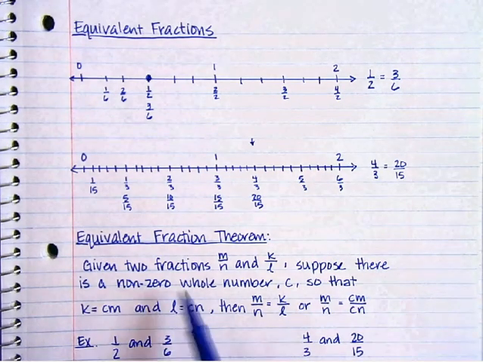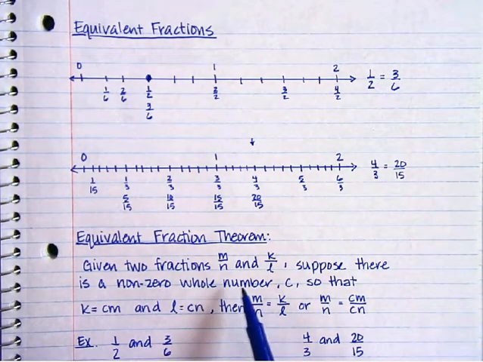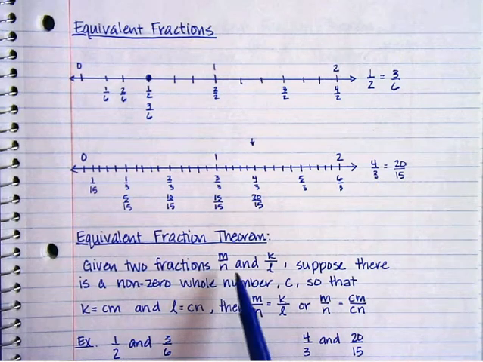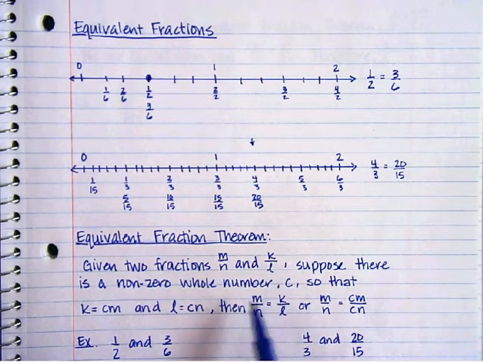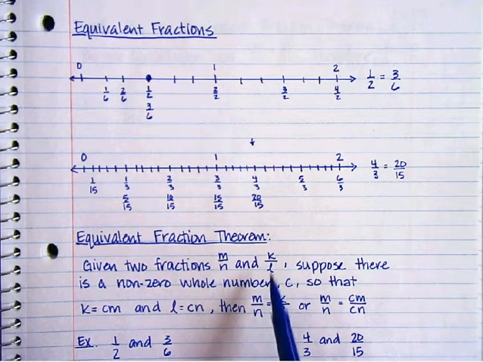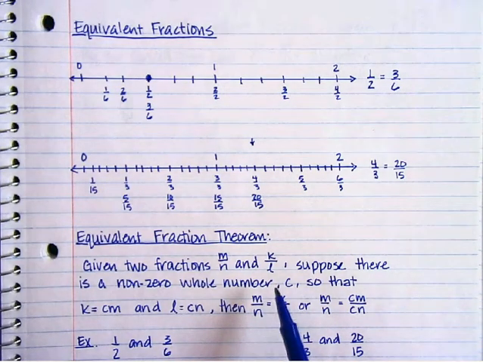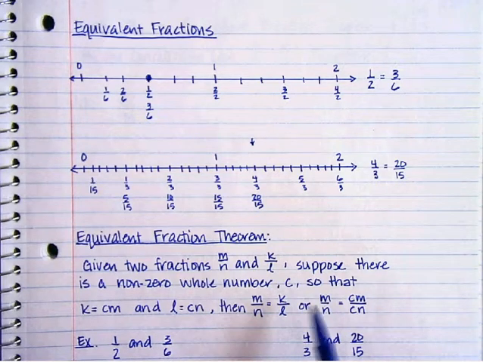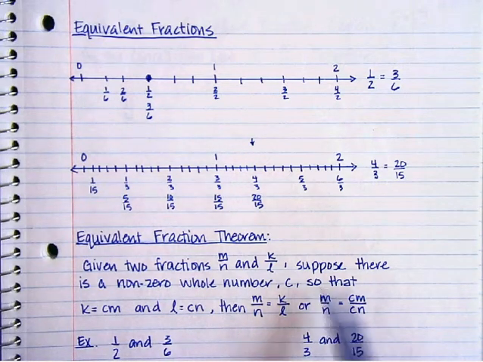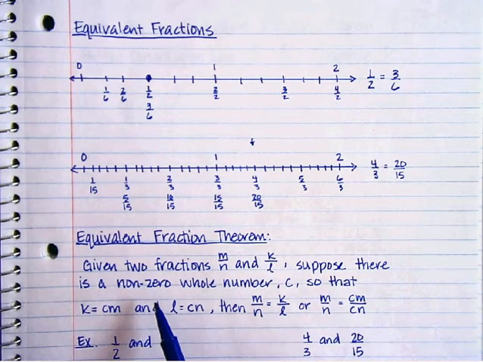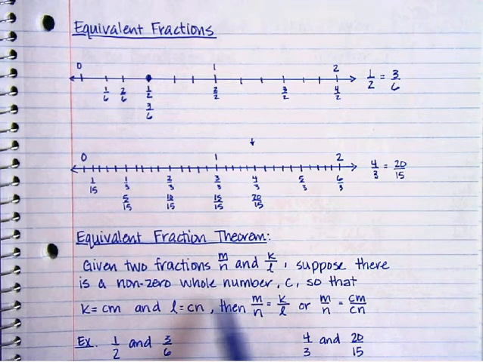Given 2 fractions, and if we generalize this using our symbols, m over n and k over l. Now what is not listed here is that m, n, k, and l, we have to quantify those. So we're going to call them whole numbers. We're not even going to deal with negatives right now. Suppose there is a non-zero, meaning that it can't be 0, whole number c.